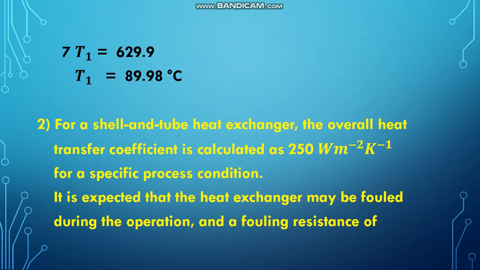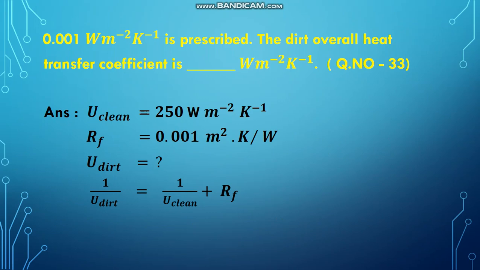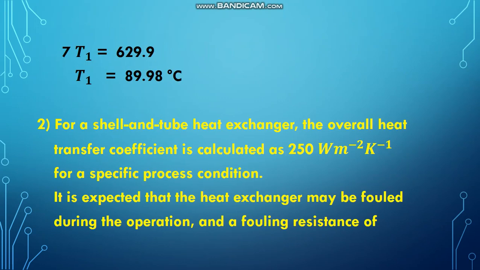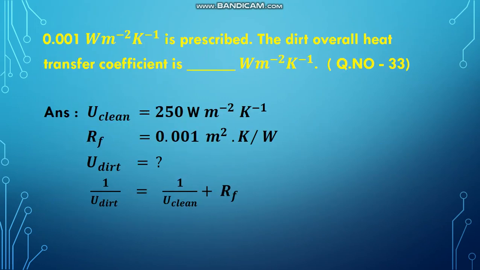So here we have the overall heat transfer coefficient and the fouling resistance is mentioned as 0.001. So U clean is 250 watt per meter square Kelvin and RF, that is the fouling resistance, is 0.001 meter square Kelvin per watt.